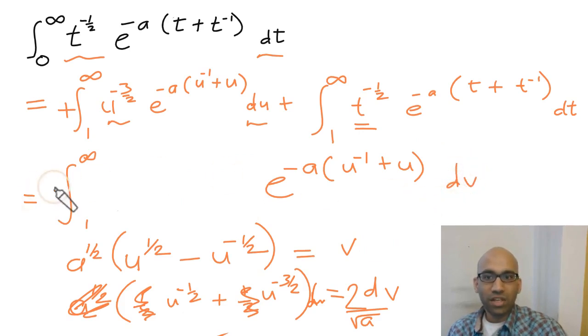So we've got dv here, and we're just going to write down 2 divided by square root of a right over here. And now when we square this term, we're going to get something that's inside here. So let's just square this quickly.